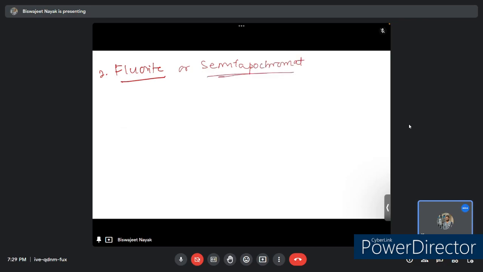This contains elements of fluorite or CaF2, this kind of materials. And why do we use this? These are for correction of color dispersion, and curvature of field can easily be corrected using this kind of objectives.